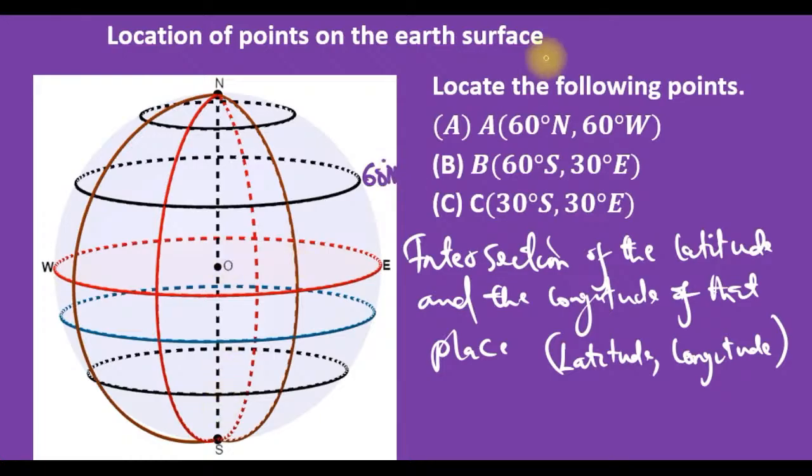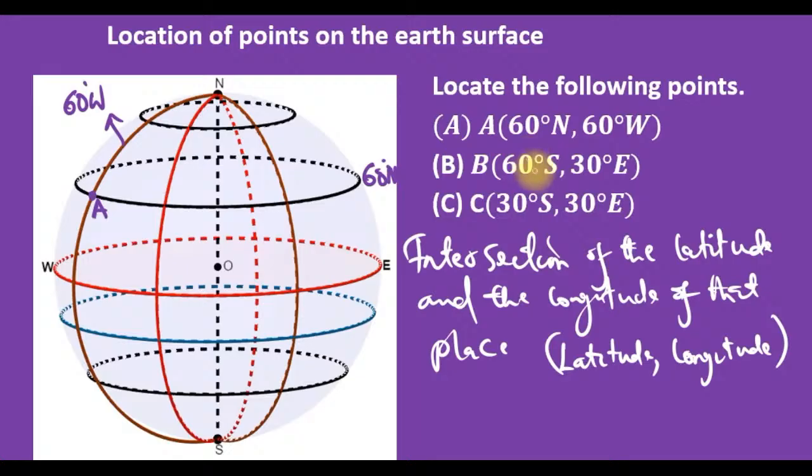Down here is south. Now 60 west: look at west, let me take this as 60 west. The point of intersection is our latitude 60. So this is my point A, the point of intersection of 60 north and 60 west.